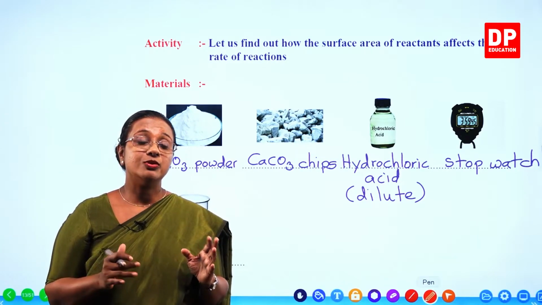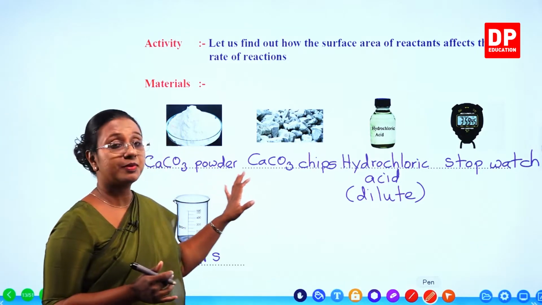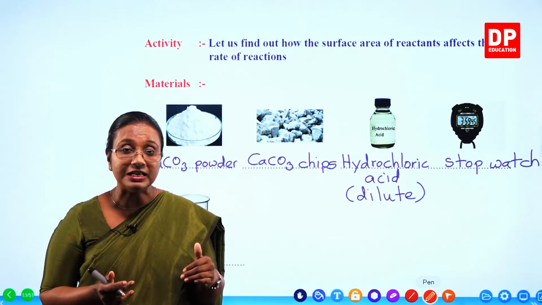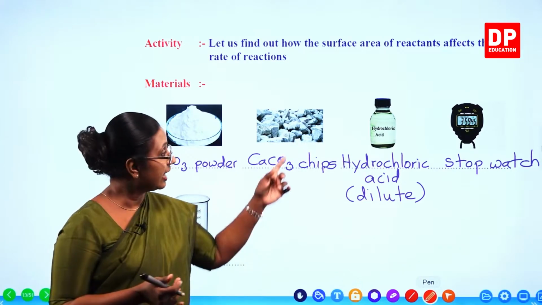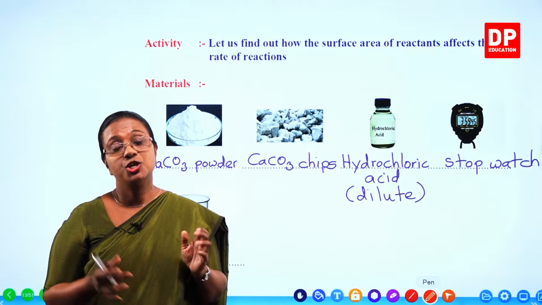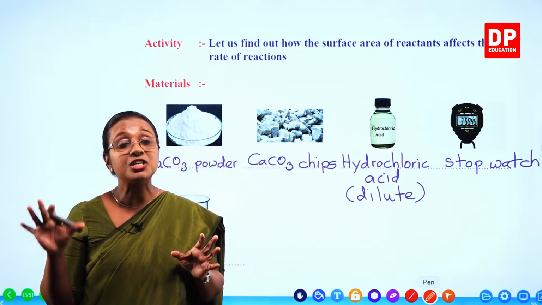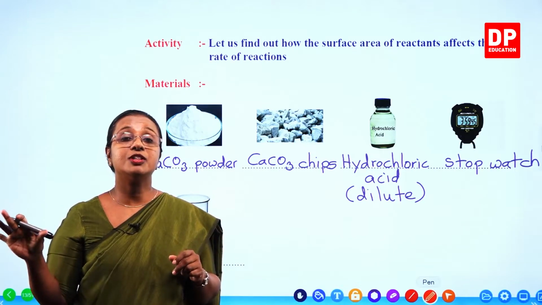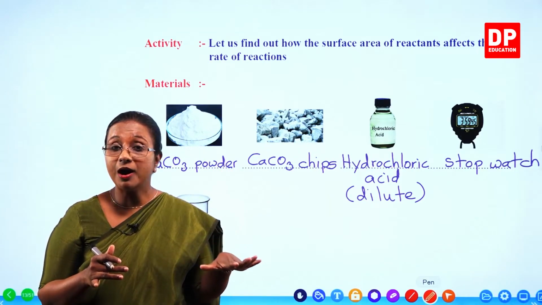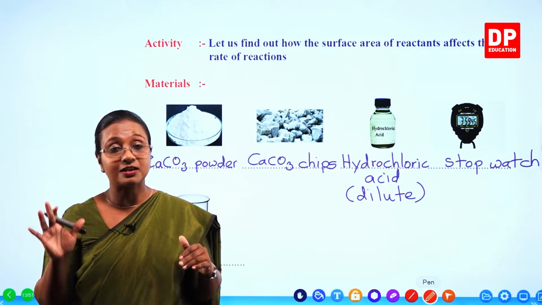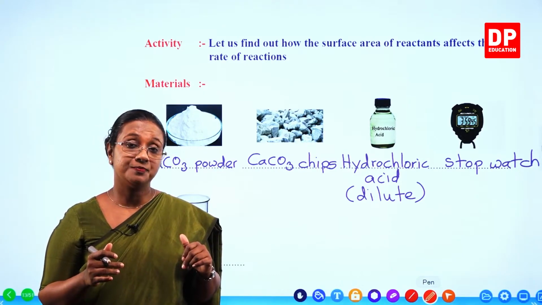Then we can transfer the calcium carbonate powder into one beaker. While we transfer that, we start the stopwatch. So you can measure the time taken for the calcium carbonate powder to completely react with hydrochloric acid.